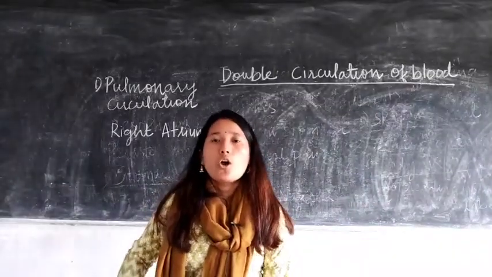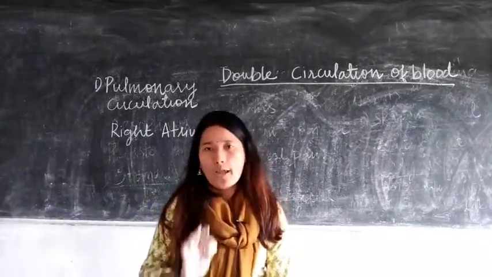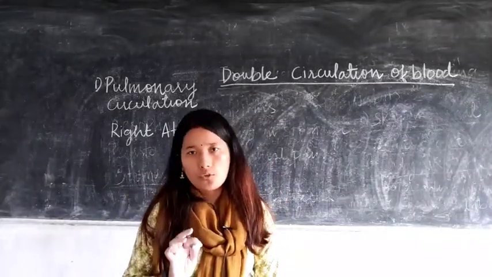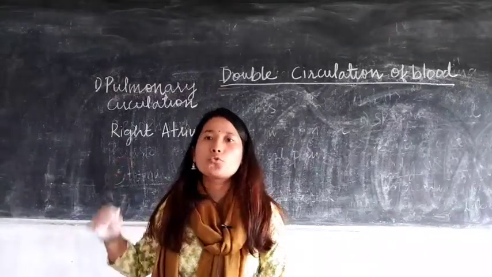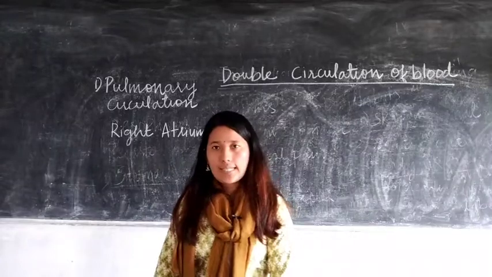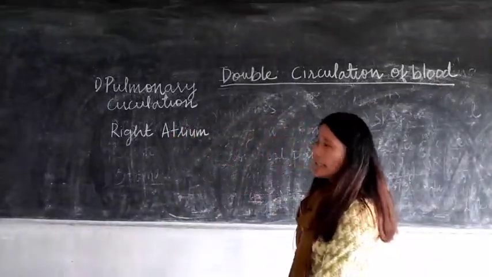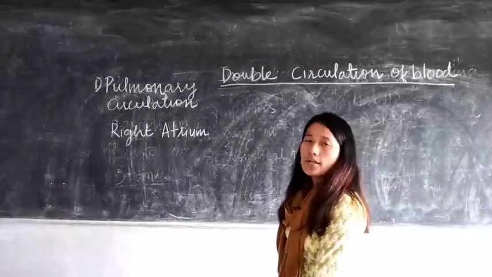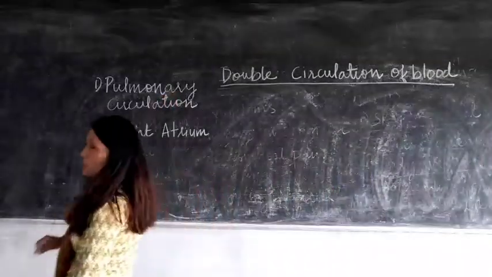Because the same blood goes through the heart twice. That's why it is double circulation. You will understand this statement when we go through the process in detail. Now, double circulation has 2 phases. One is pulmonary circulation and the other is systemic circulation. First, let's start with pulmonary circulation.